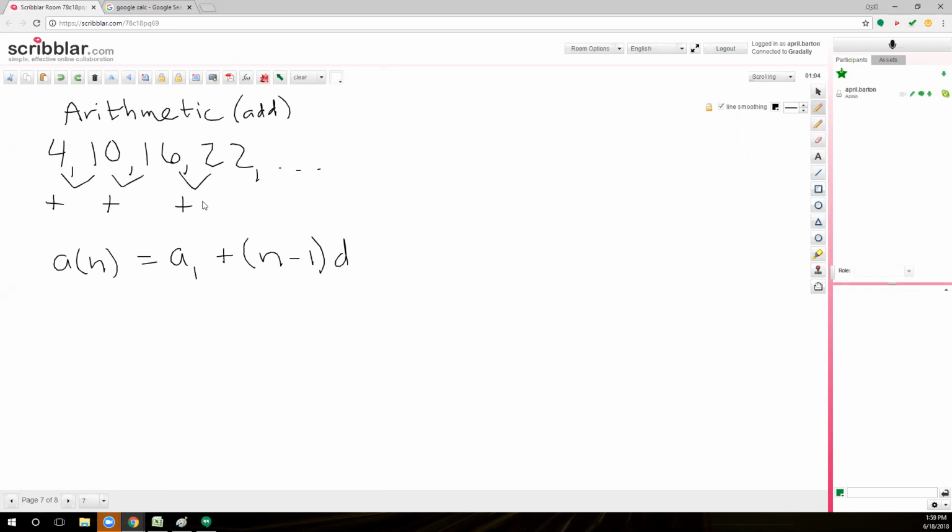So what number are we adding every time? 6. Good. So knowing that information, that is called the common difference. It's just the number you're adding every time.